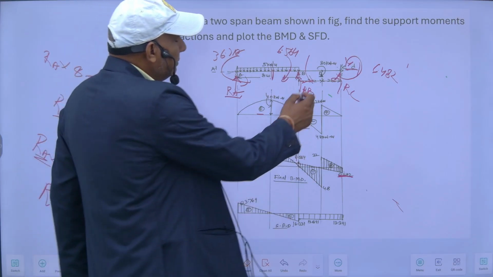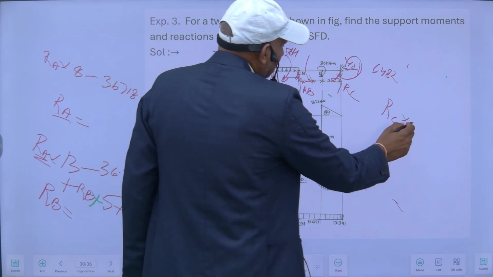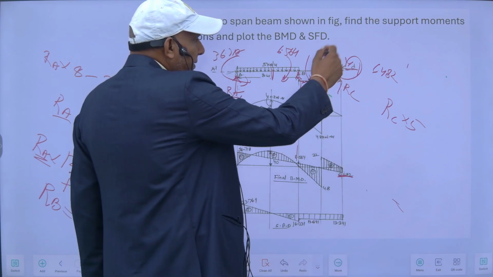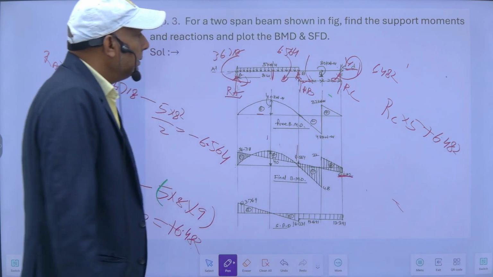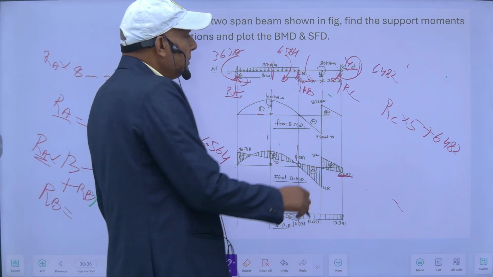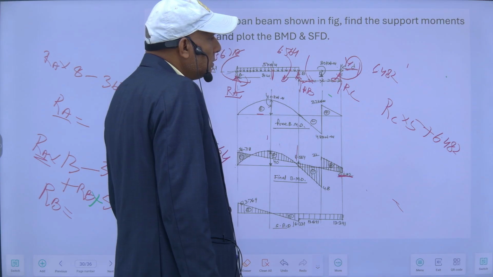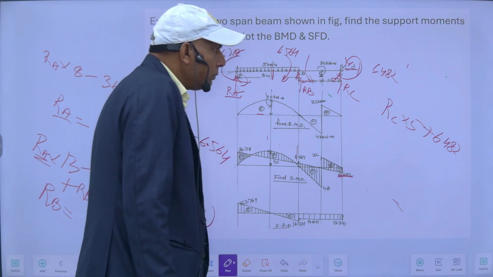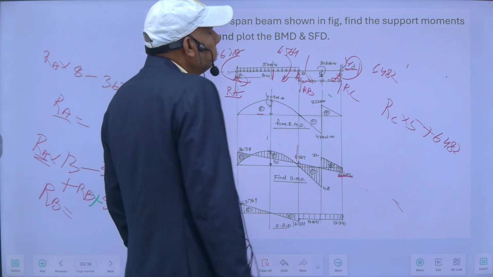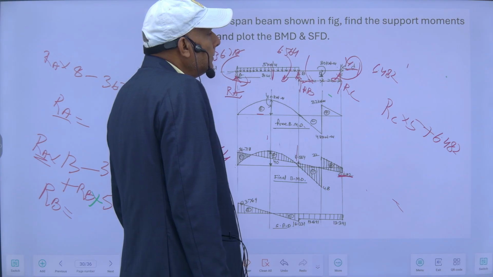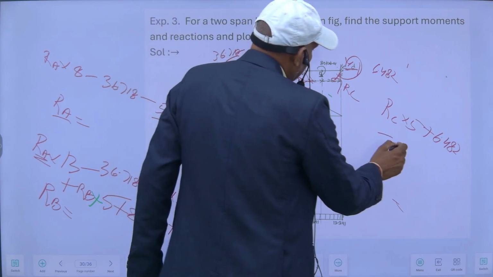And RC I can find by taking moment at B. So RC into this length which is 5 plus this moment which is plus, this sagging, and this will be minus 80.